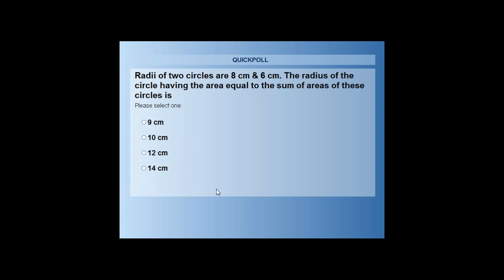Looking for more responses. It's a minute now, and it's a pretty straightforward question. Looking for more responses. Of course, most of you got this fairly right.